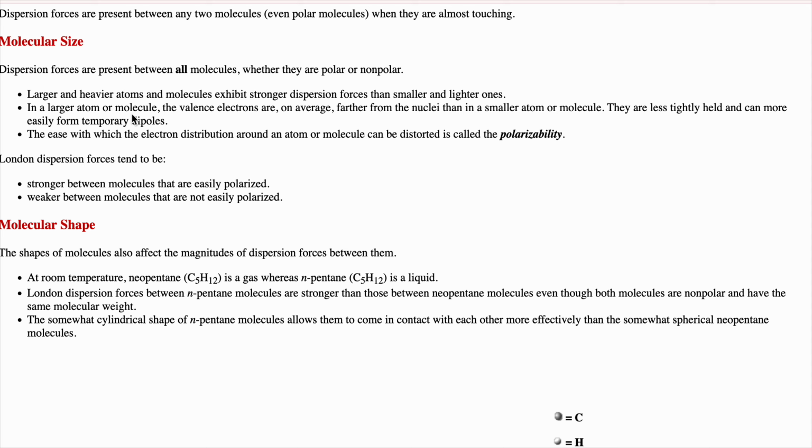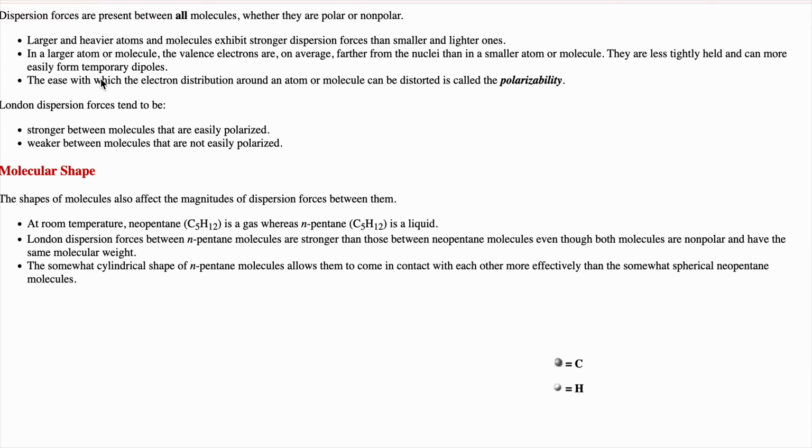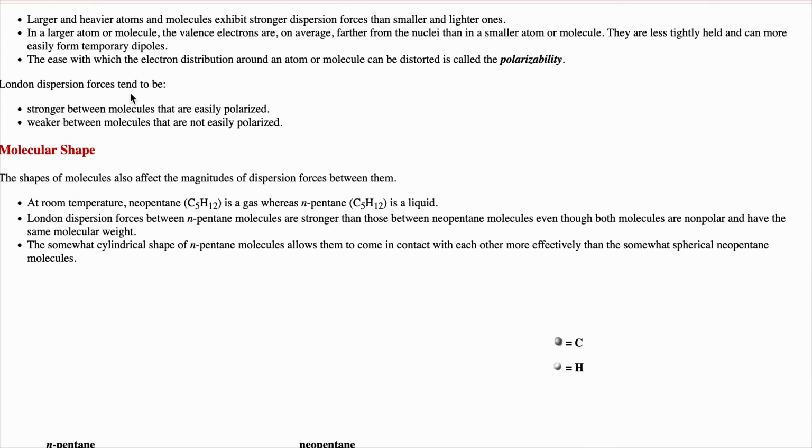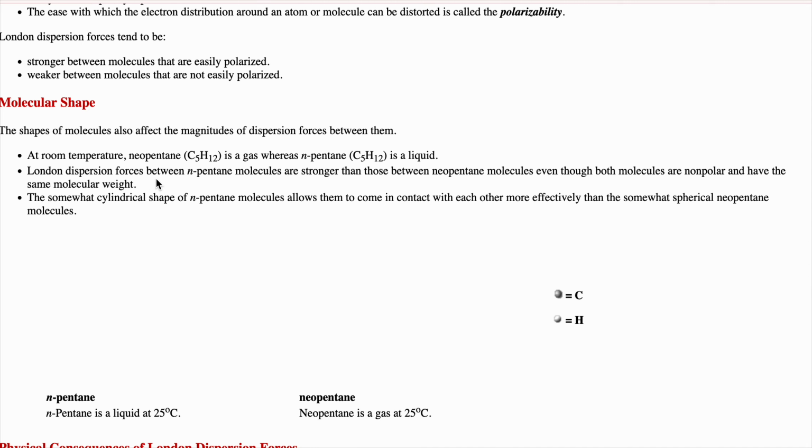In a large atom, valence electrons are more numerous, so they are held less tightly by the nucleus. That is called polarizability. London dispersion forces tend to be strong between molecules that are easily polarized, and weaker between molecules that are not easily polarized.